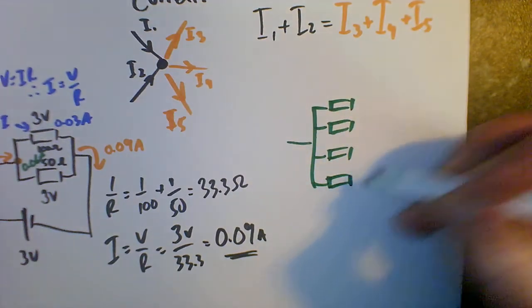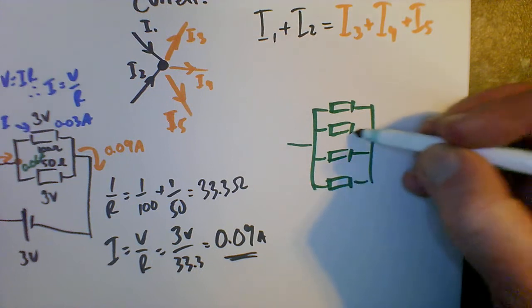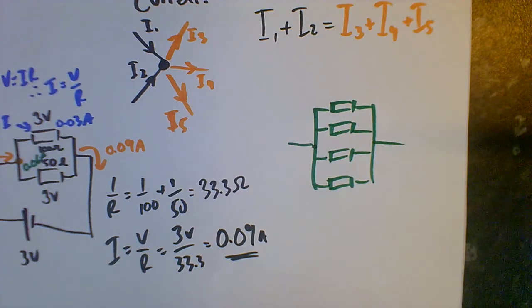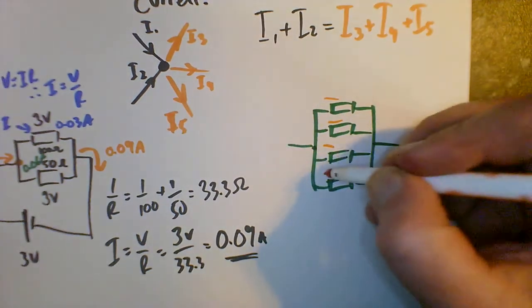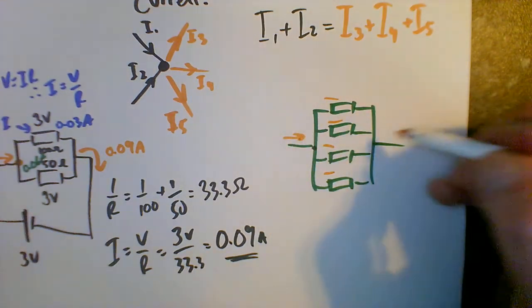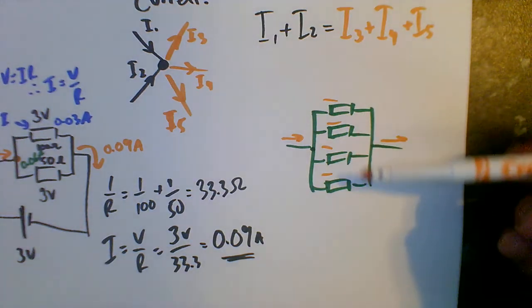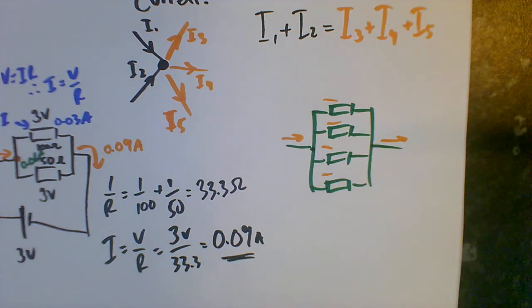Doesn't matter how many branches really, then they come together here and go off like that. This junction here, all the currents going through here, 1, 2, 3, 4, will add up to this one going in, and it will add up to that one going out. Of course, based on the different resistances, they'll have different currents. Alright? That's the first one, the current law.